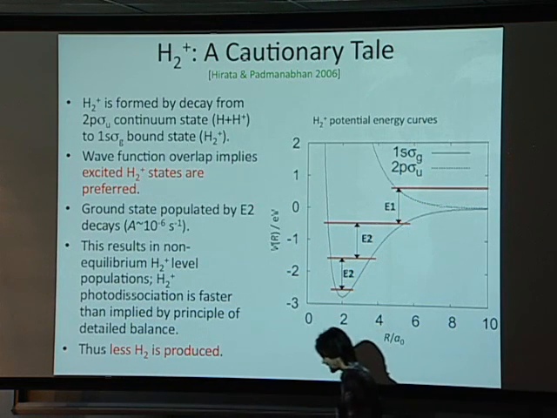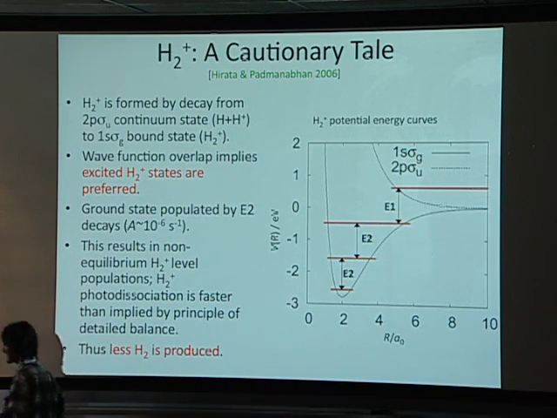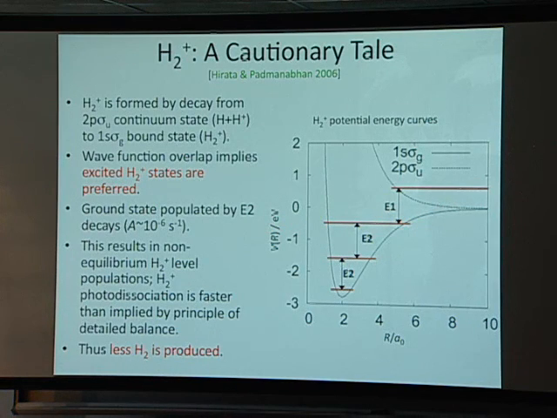And you know from overlap considerations that this means the radiative decay rate is very small, except to these very, very high energy, very weakly bound levels of H2+. And so the consequence is that the formation of H2+ goes almost exclusively to these very high-lying states.